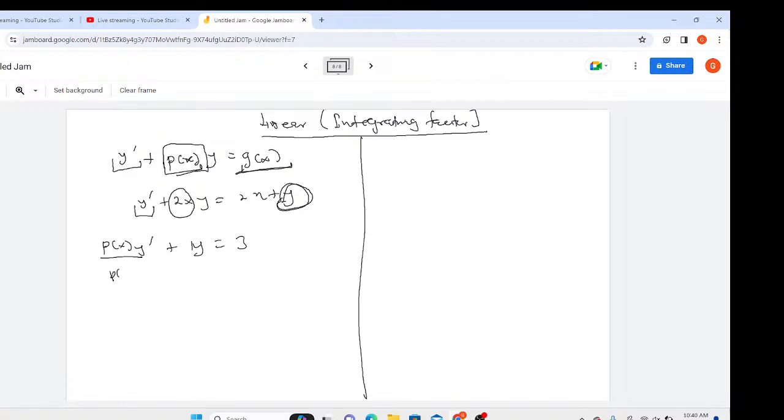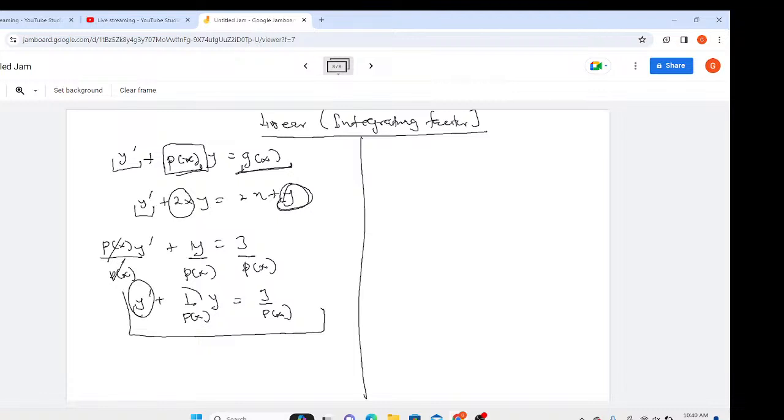So we divide everything by p of x and see if it will be linear. So we have y prime plus 1 over p of x y equals 3 over p of x. So now we can see that this is actually a linear form, because we have our y prime, we have a function of x multiplied by y, and then we have 3 over a function of x here. So that means it is in the linear form.